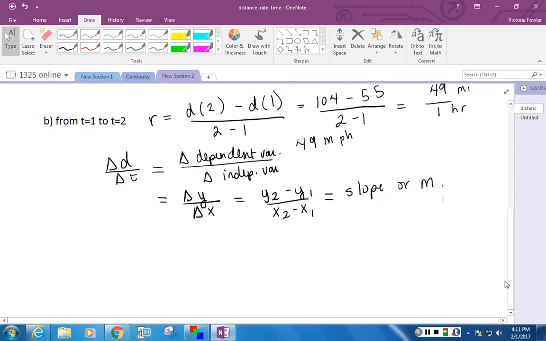Okay, so notice that we found an average rate of speed.